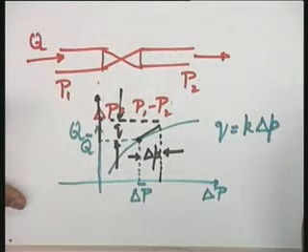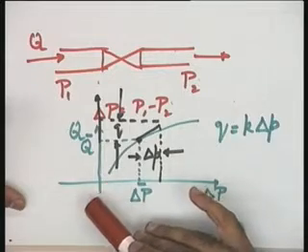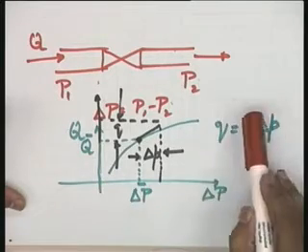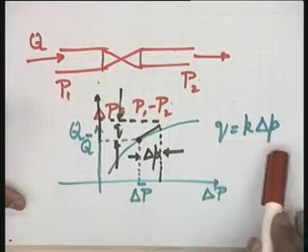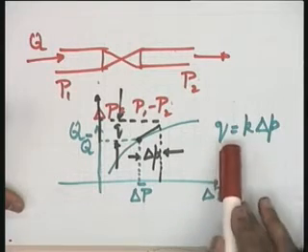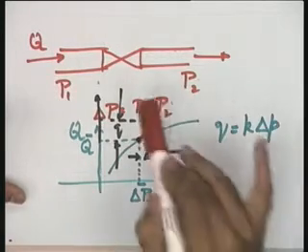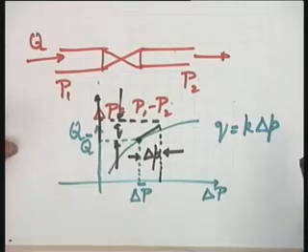It is not a constant. So, from that curve you can obtain the value of small k, and hence this mathematical model q is equal to k into del p is available for restriction to flow.